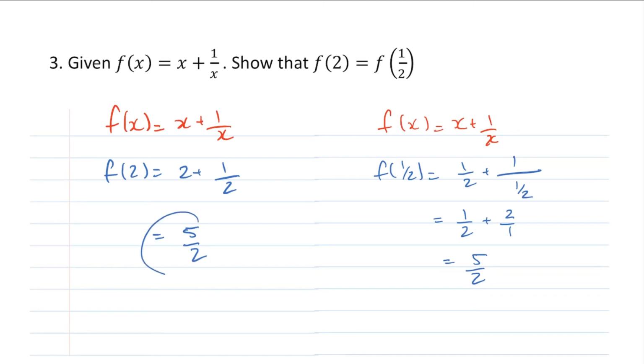And there you have it. As you can tell here, both my outputs gave me the same answer, so therefore f of 2 is equal to f of a half.